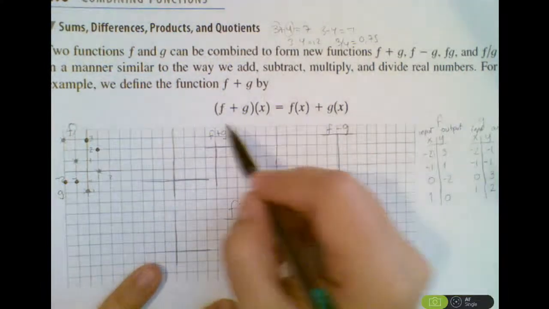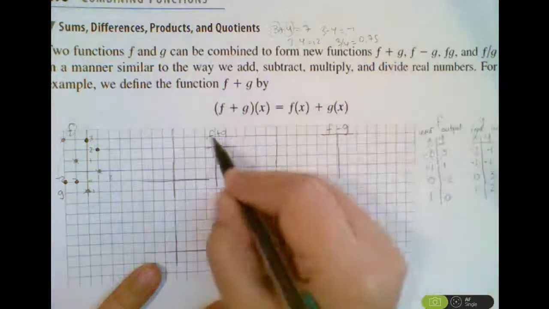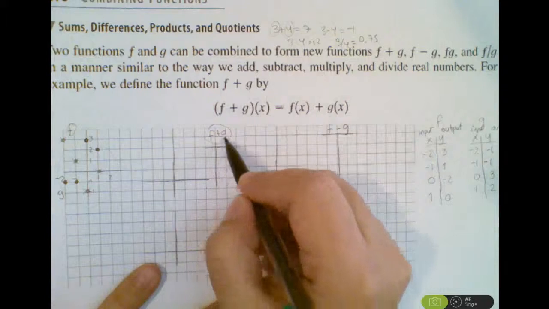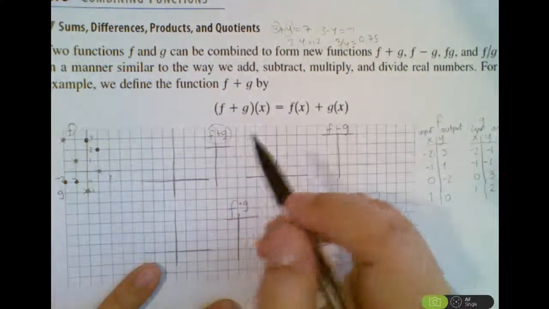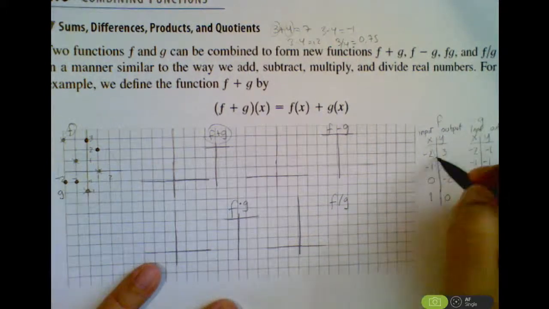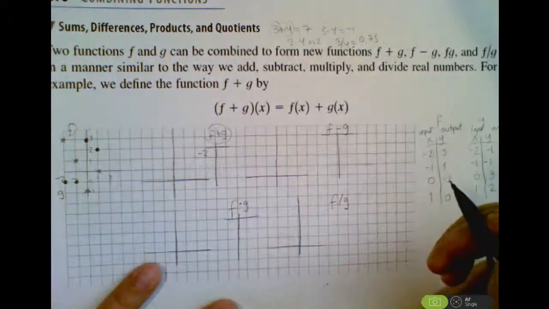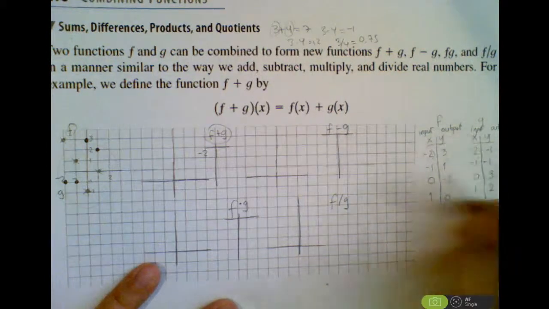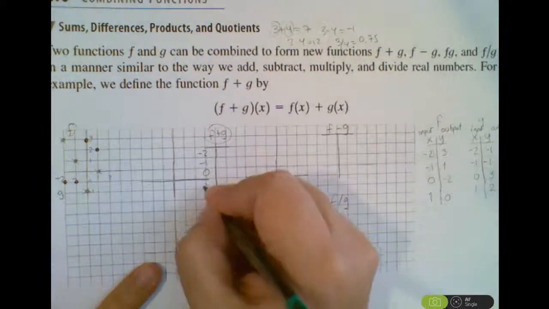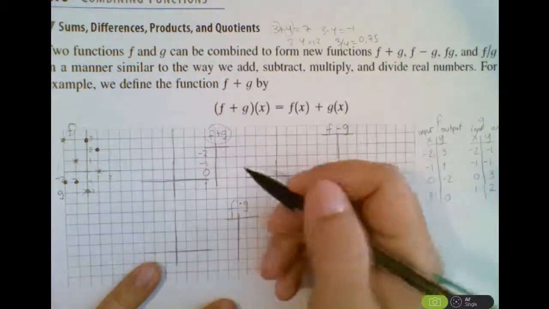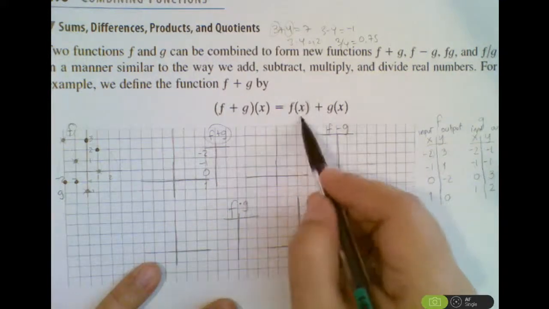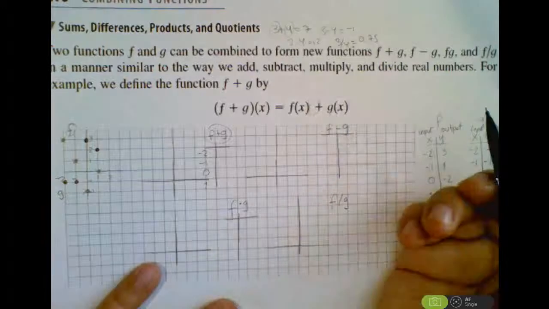So let's talk about what f plus g would look like, a function that is defined as f plus g. First of all, f and g have to have the same inputs, otherwise this is not something that you can do. So I notice that f and g have -2 in common, so that is an input that is allowed. f and g also have -1 in common. f and g also have 0 in common. f and g also have 1 in common. So I'm able to find what f plus g is. Now f plus g will be simply the function f evaluated at that value plus the function g evaluated at that value.